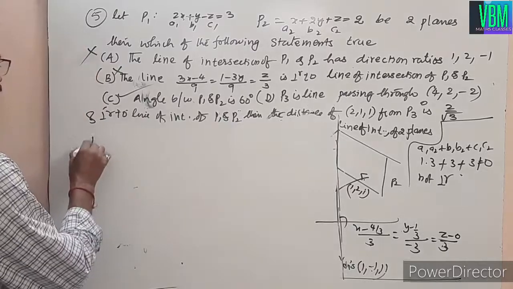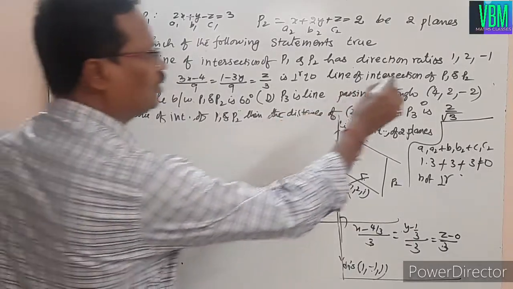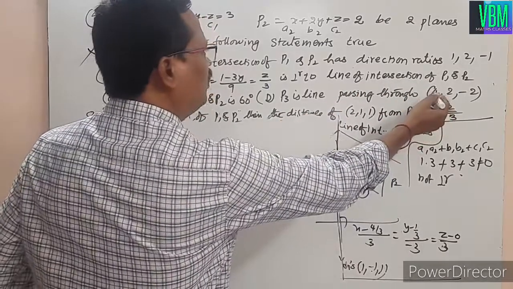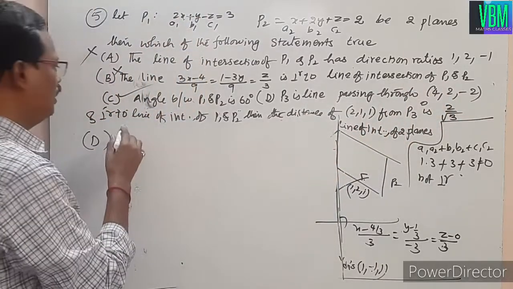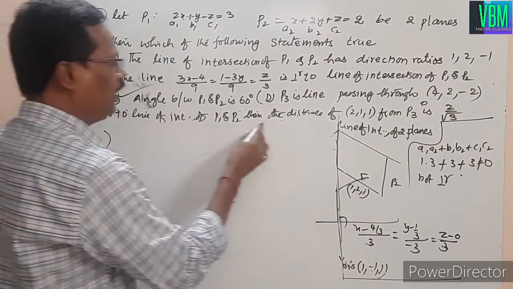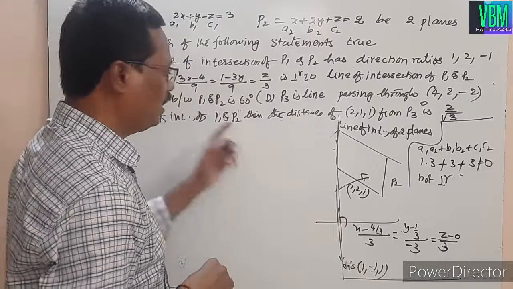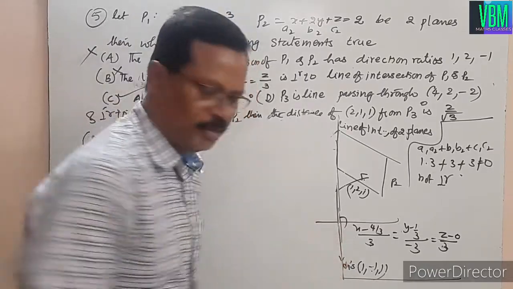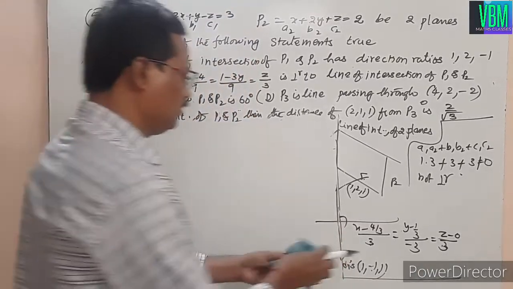Okay, what is the next option? The plane P3 passing through 4, 2, minus 2 and perpendicular to the line of intersection of this. Now this is a plane they are telling.